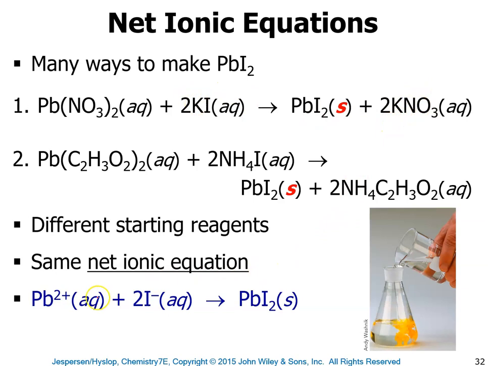They wouldn't be doing anything. So the net ionic equation just tells us we have different ways. It doesn't really matter what other anion or cation you use. The lead and iodide are the things that are going to come together to be a solid compound. Those other ions are just going to be spectator ions.